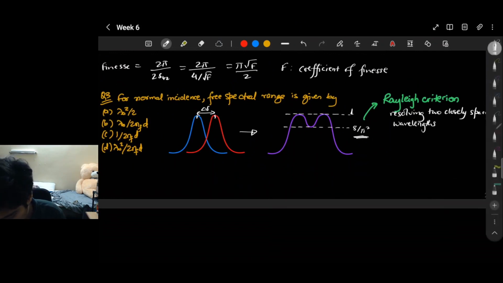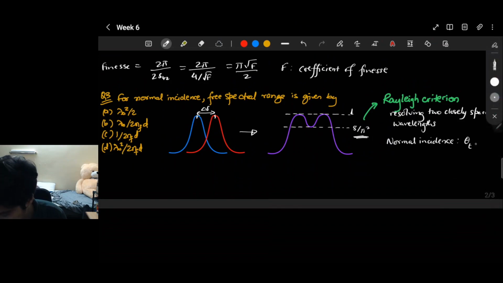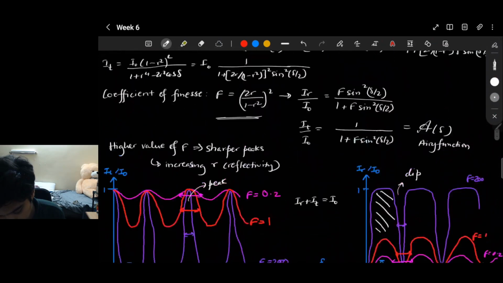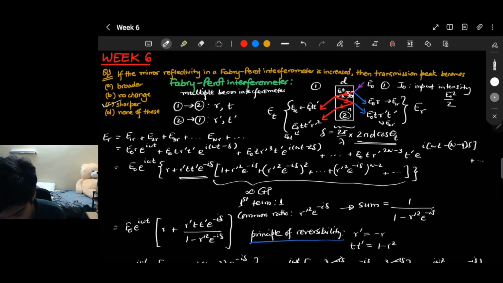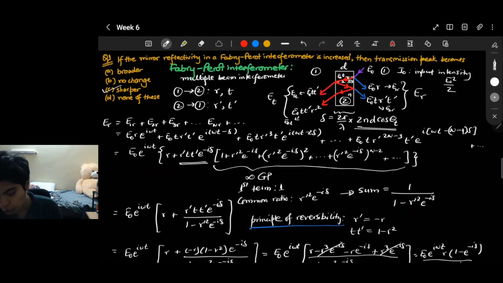Now, for normal incidence, theta t equals 0. This theta t over here that I had drawn, the angle of transmission, would be equal to 0 for normal, if the ray is just hitting the surface normally.